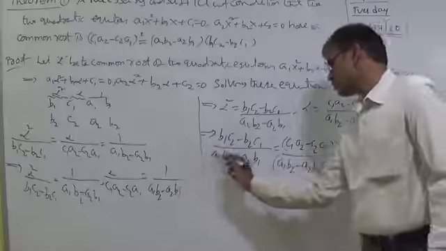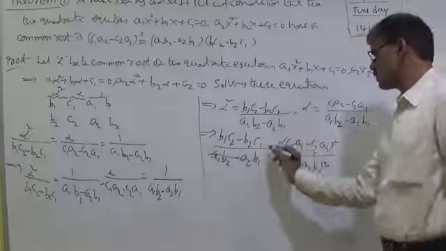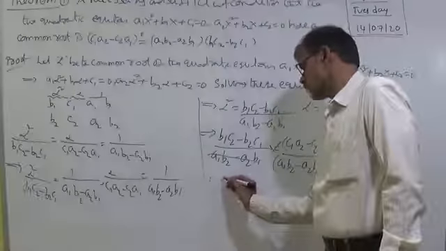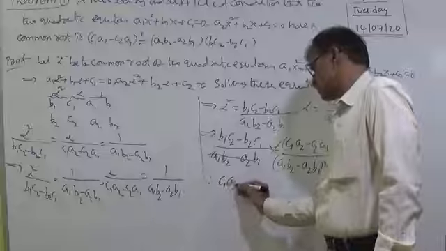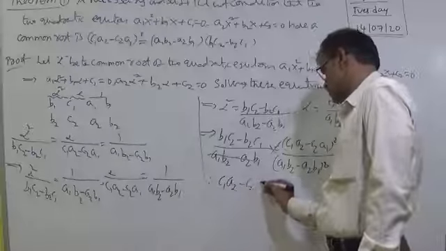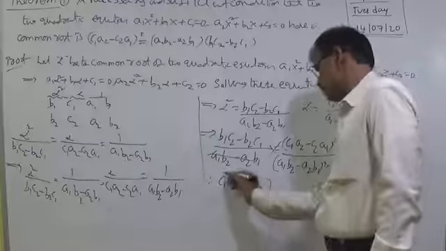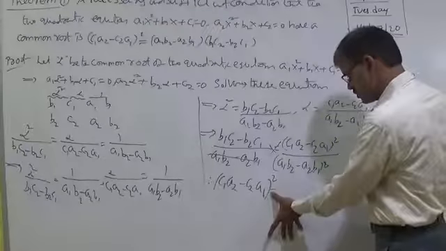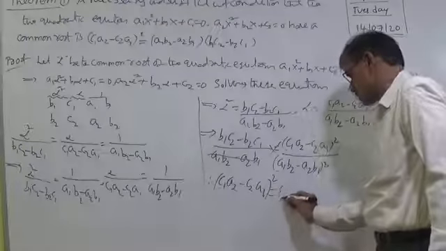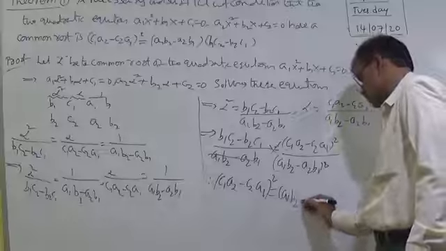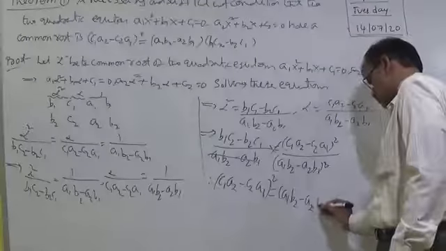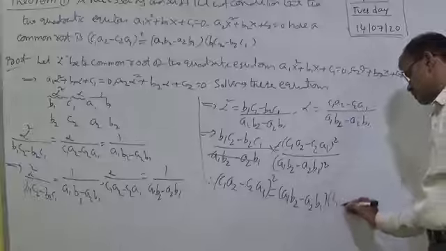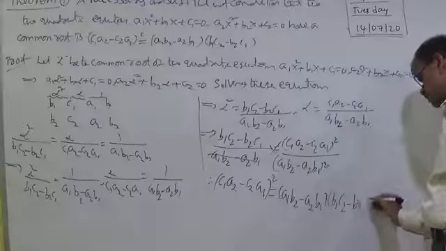One a1 b2 minus a2 b1 factor gets cancelled in the square terms by cross multiplication. Therefore, we get the common root condition: c1 a2 minus c2 a1 whole square is equal to a1 b2 minus a2 b1 into b1 c2 minus b2 c1.